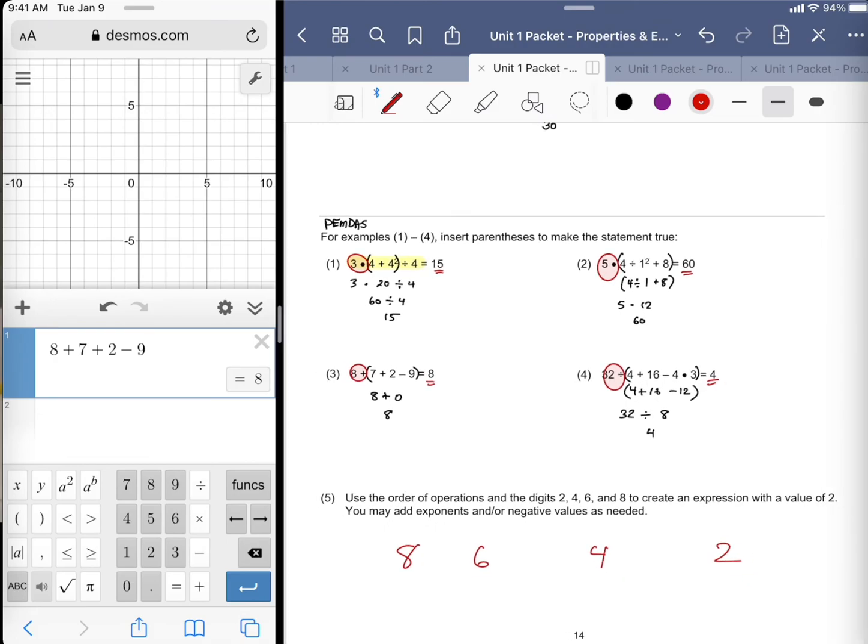I'd be thinking about, well, what would I get if I added some things together? If I added these two, I'd get 14. If I added these two together, that would give me a 6. That gets me an 8. It's not quite where I'd want it to be.